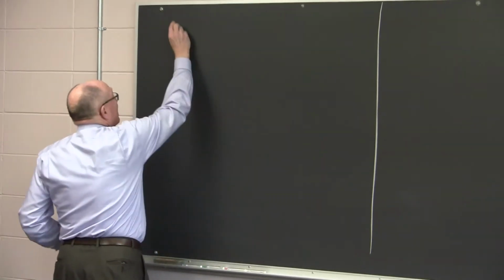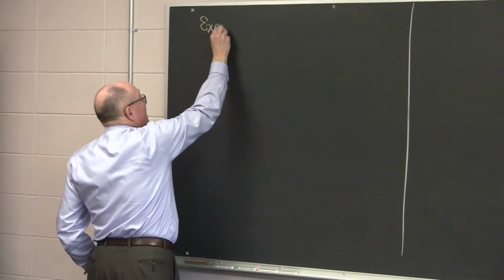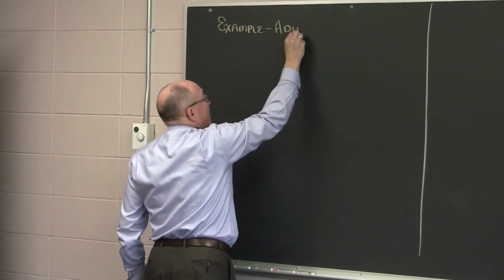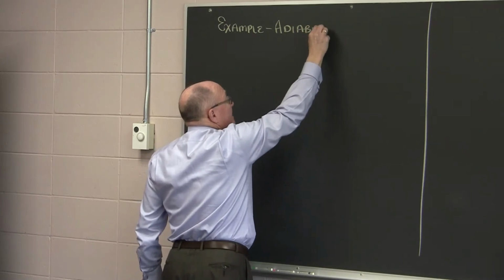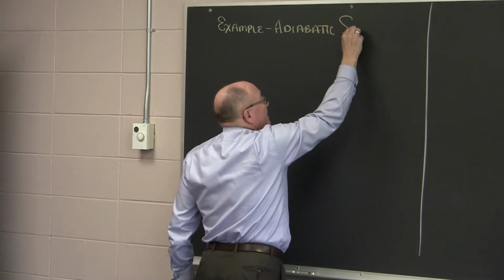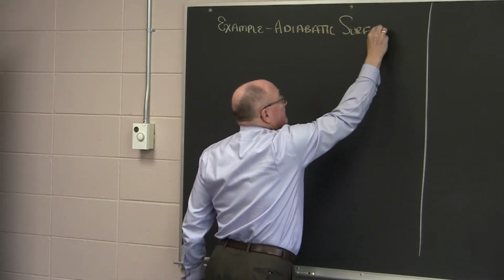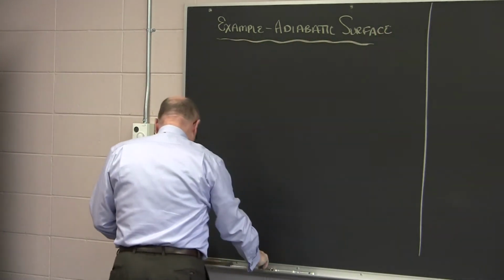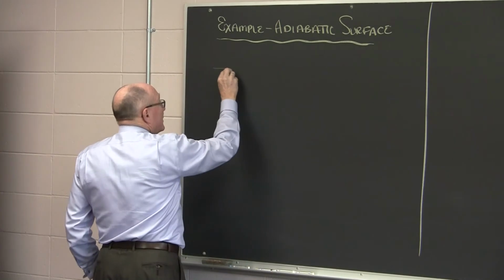So we'll take the example of an adiabatic surface, one of our special cases. And we'll draw the resistance. And it'll look like this.